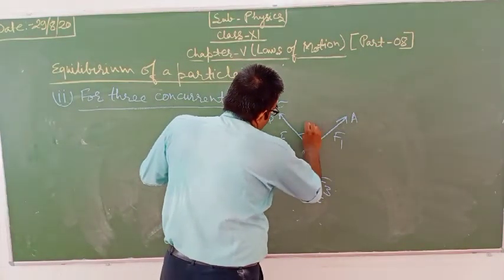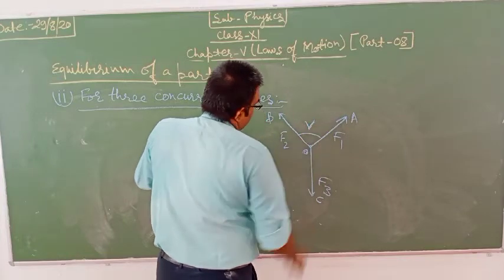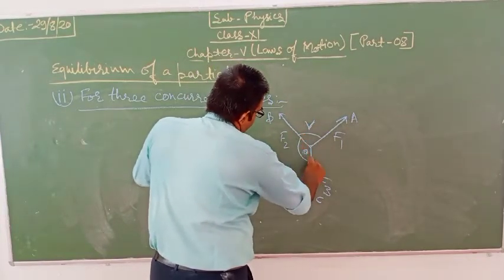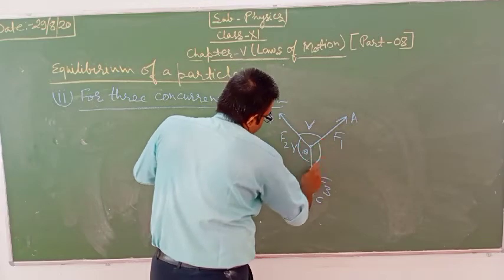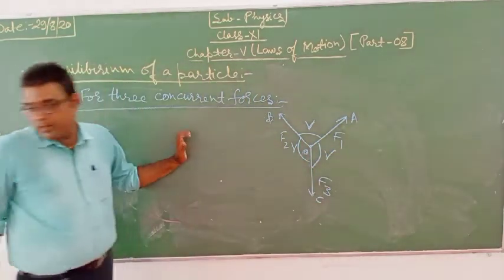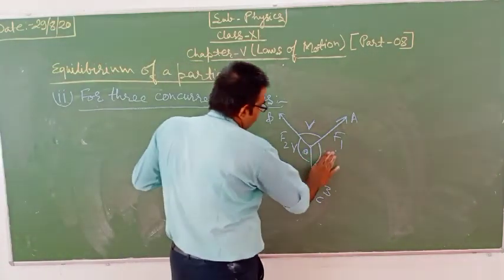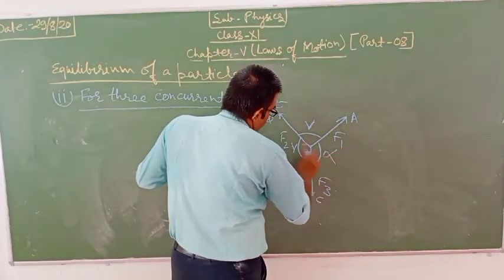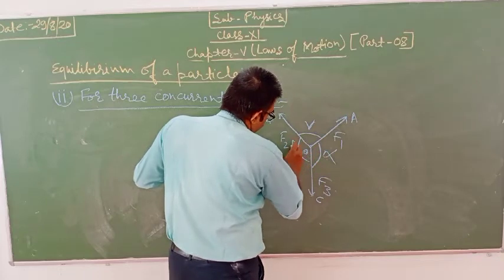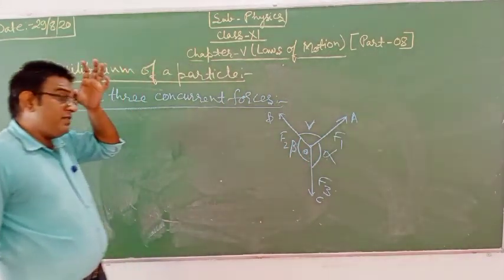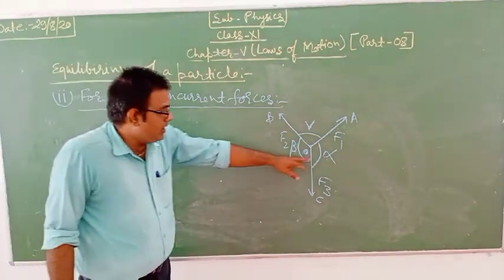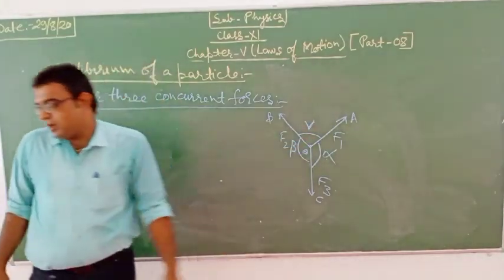Suppose this angle is gamma. These forces are inclined to each other at three angles, that is alpha, beta and gamma.